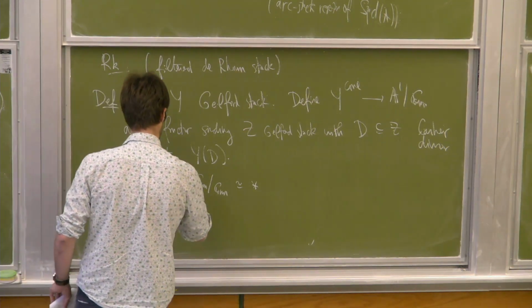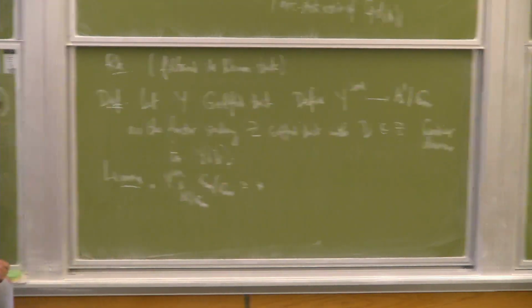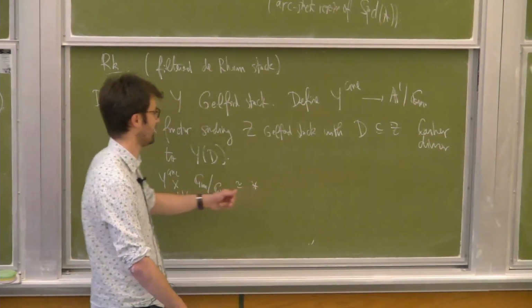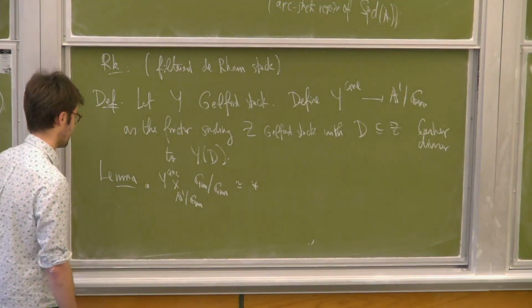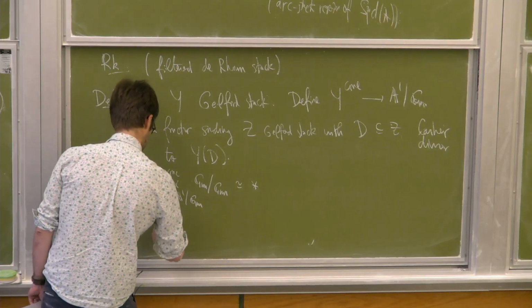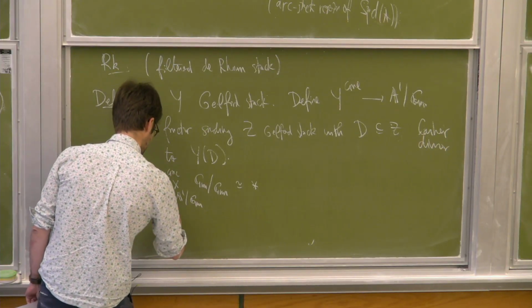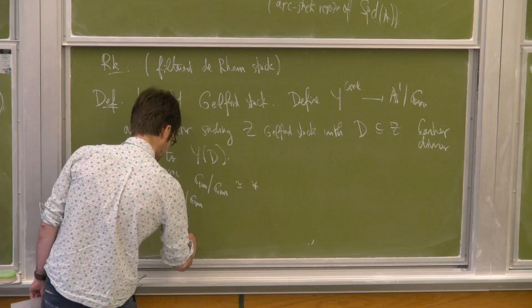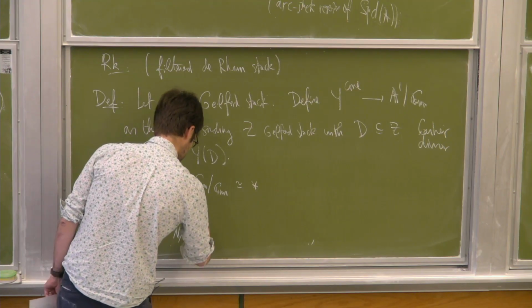Y cone, thanks for that. That's basically because this is the locus where this section is invertible. So this divisor will be just empty, and so you just get Spa QP.